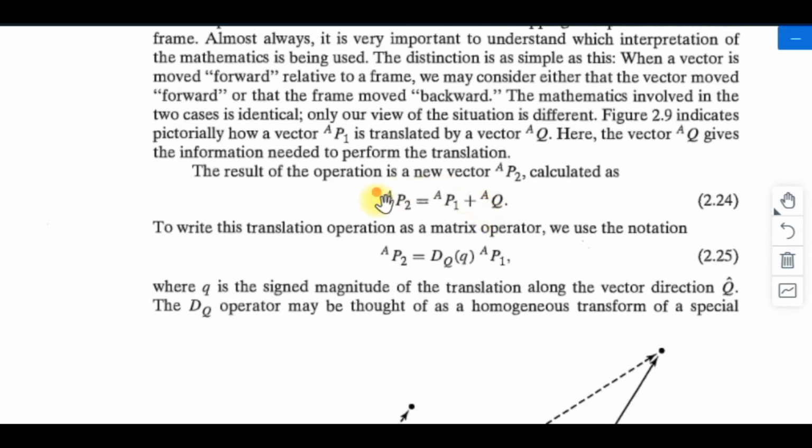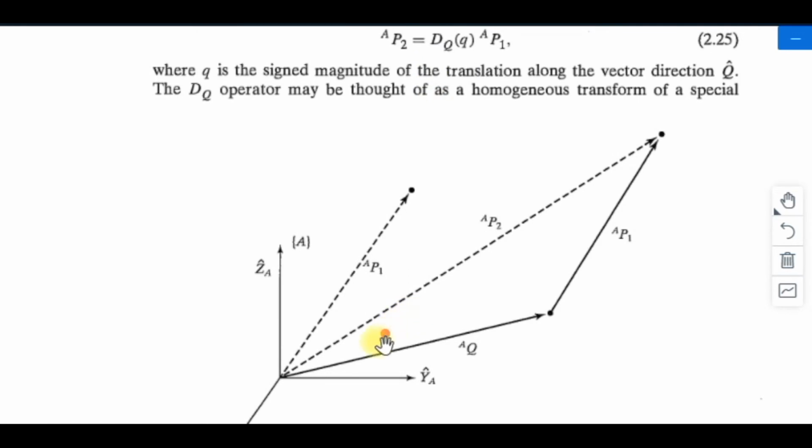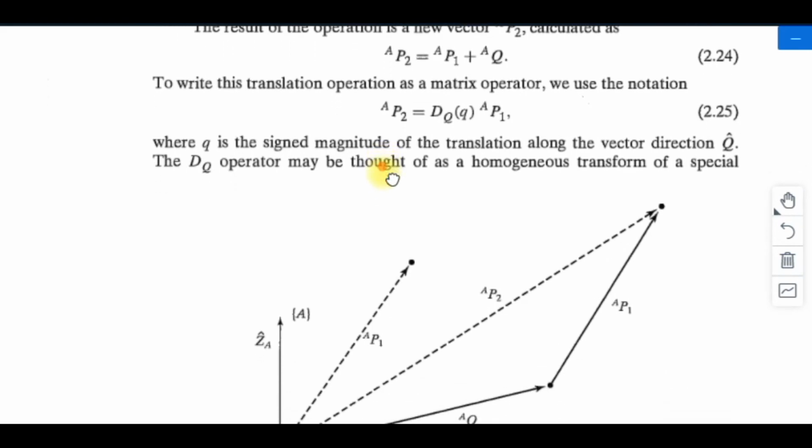So AP2 is AP1 plus AQ. Look at the AQ. So it is AP2. This is basically this plus this, meaning the operation of AP1 and AQ.